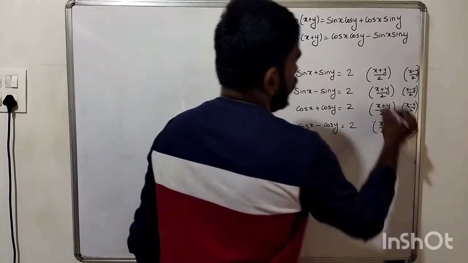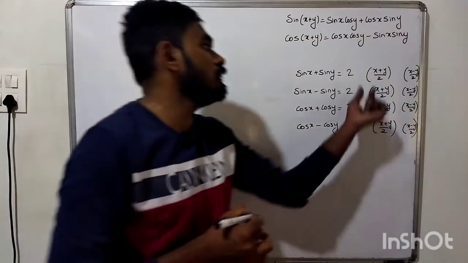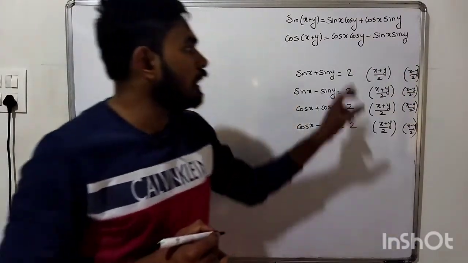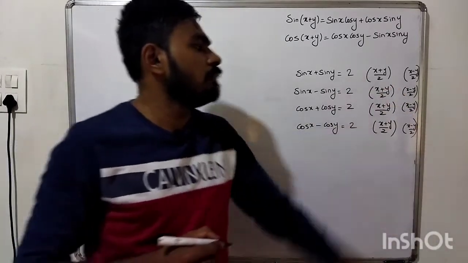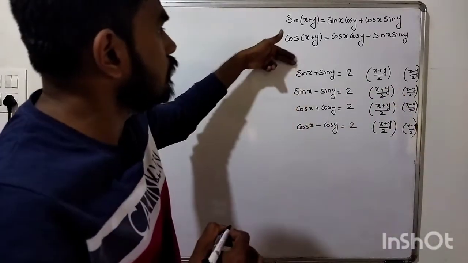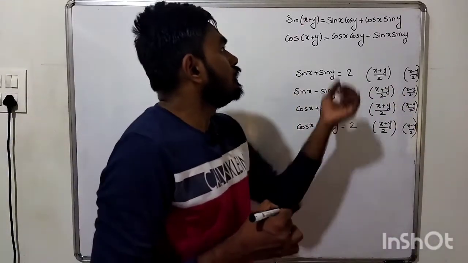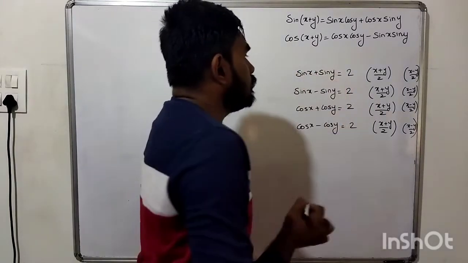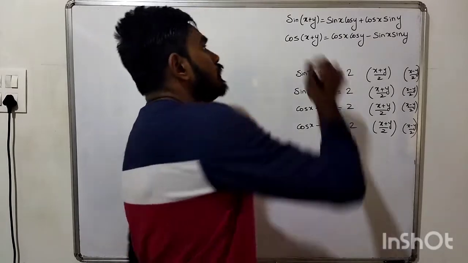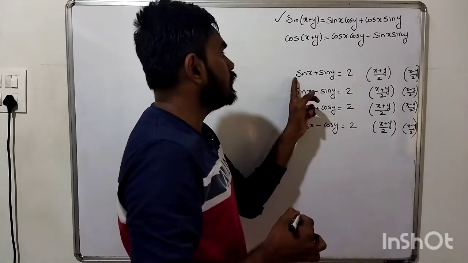These are actually the angles of the trigonometric ratios, which we are going to write here now. How to write these trigonometric ratios, that only we have to remember; the remaining things are the same for all. Now sin x plus sin y. Both are sine here, so we look at this.